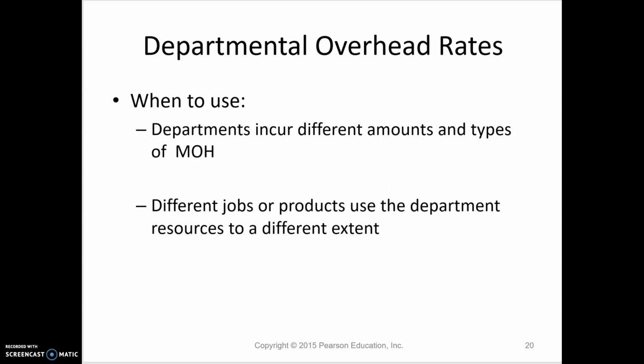And so this is a good idea when the departments have different amounts of manufacturing overhead, and the jobs or the products use the departments to different extents. So one department might incur a lot of overhead, and so if a product uses that department more than the other products do, then that product will get more overhead allocated to it.